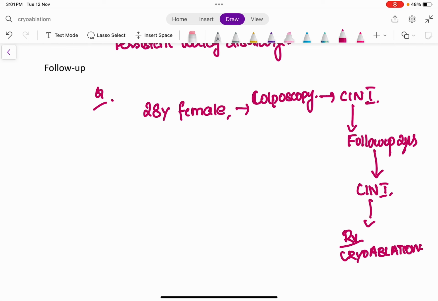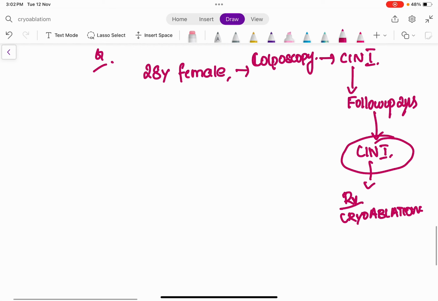Then I followed up with a pap smear, and to confirm, I did a colposcopy, and the report comes to be cervical intraepithelial neoplasia type 1, and since it is CIN1, it has maximum chances of spontaneous regression in the next 2 years. So after 2 years, I'm asking her to come again, and I see that the cervical intraepithelial neoplasia type 1 is present even after 2 years of follow-up, and now it is high time I take some decision. So I'm going to do cryoablation in that patient.